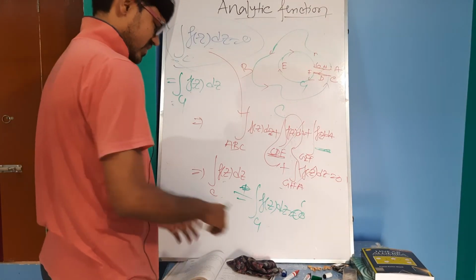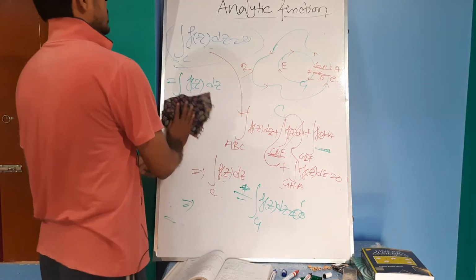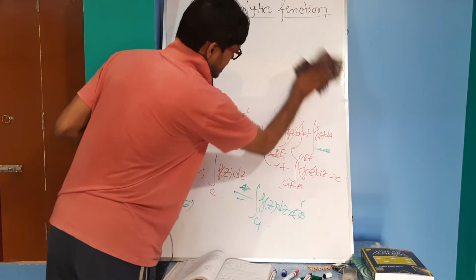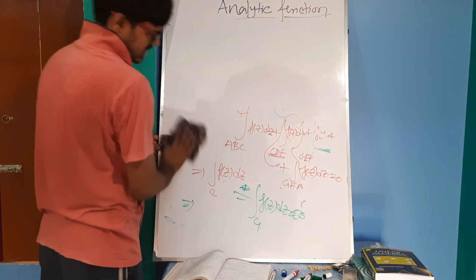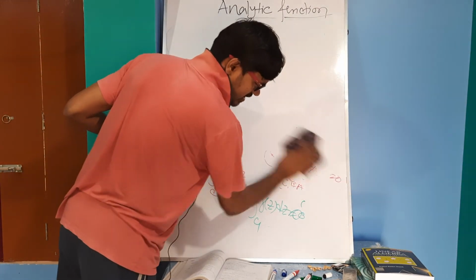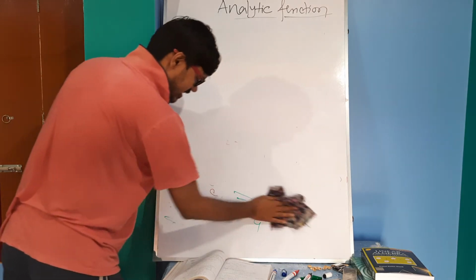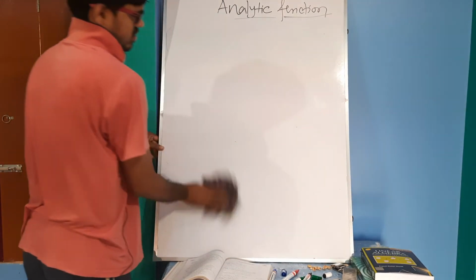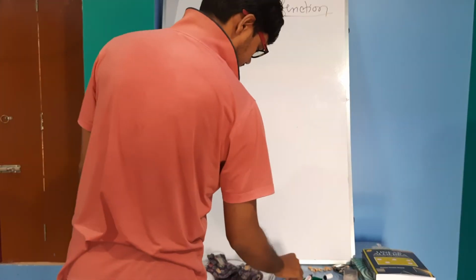So let's start Cauchy integral formula. So Cauchy integral formula says if a function is analytic, that is f of z is analytic at a point a, that means you will find a neighborhood of a where the function is differentiable.